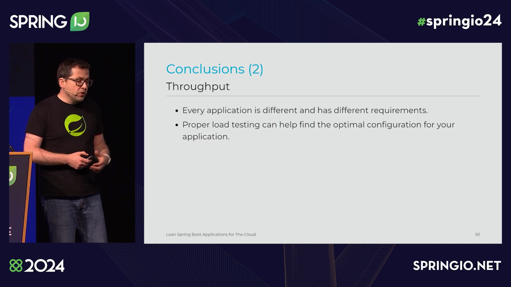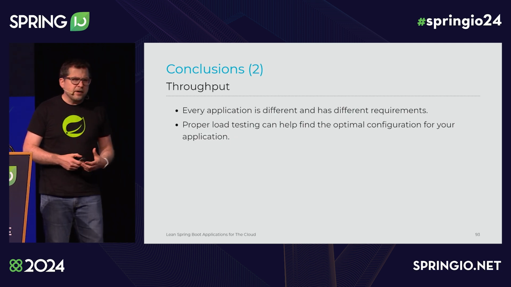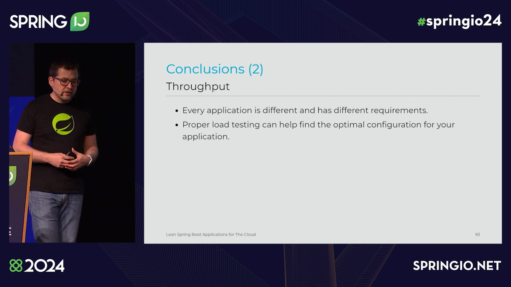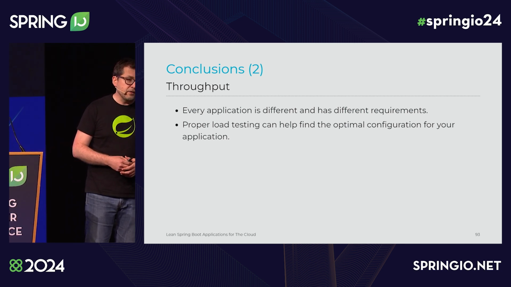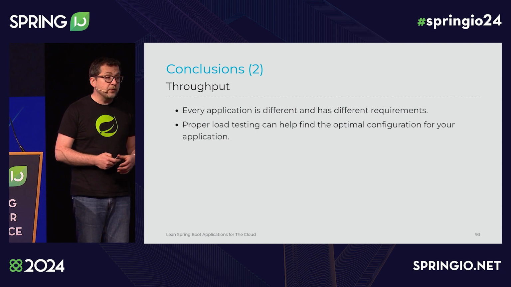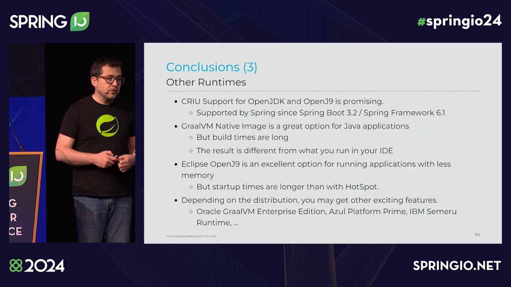Regarding the throughput of your application, be aware that your application is different from mine. So you have to do the benchmarks yourself and find the sweet spots that really make sense for you. You might also have different problems, right? You want to optimize in different areas.